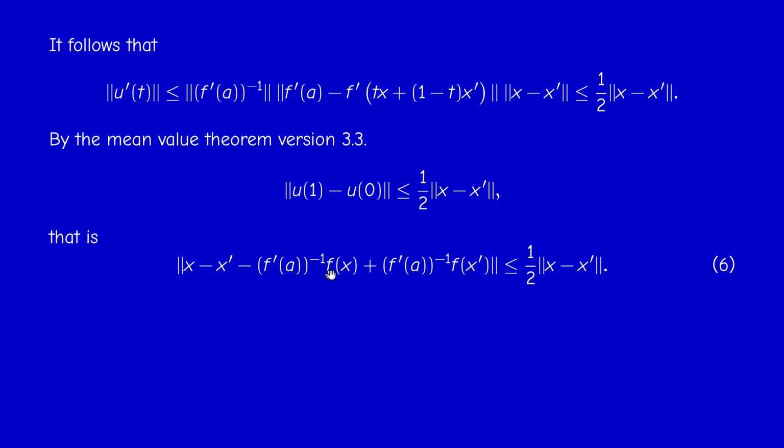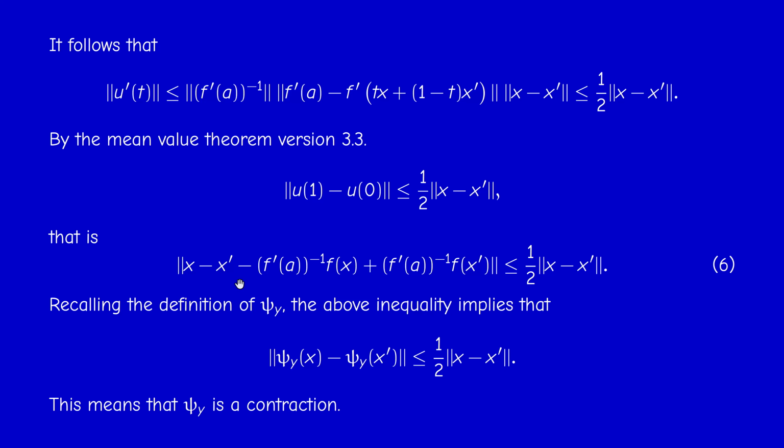Okay, now if I add and subtract f prime a minus 1 of y, then this term here is just psi y of x minus psi y of x prime. Just add y here if you like. So I get that psi sub y is a contraction for every y, actually, no restriction on y.